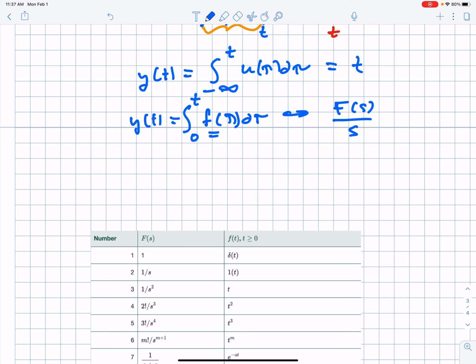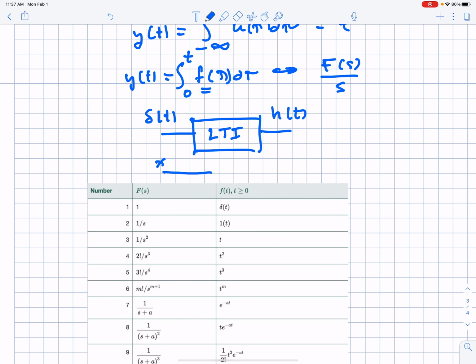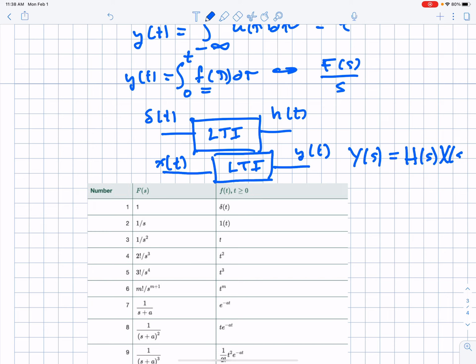Okay, so if I put into a system, I'll call this an LTI system, an impulse and get out h of t, then I can take the same system and put any signal in, x of t, and look at the output, y of t, and what we know is that in the Laplace domain, y of s is h of s times x of s.